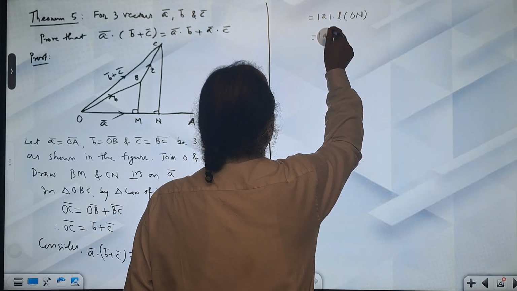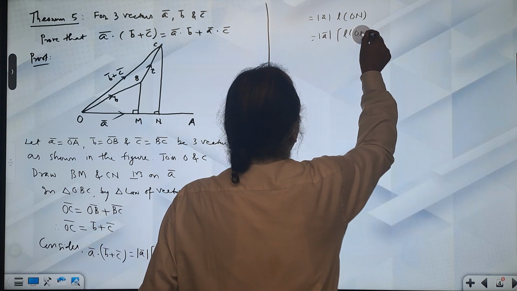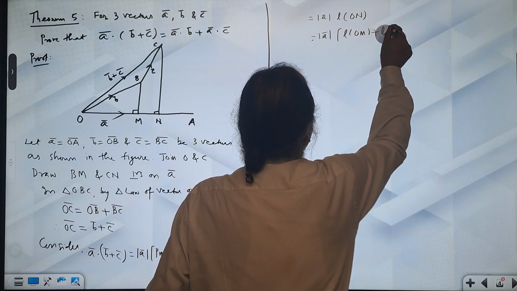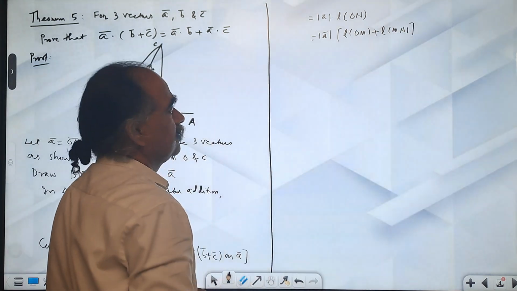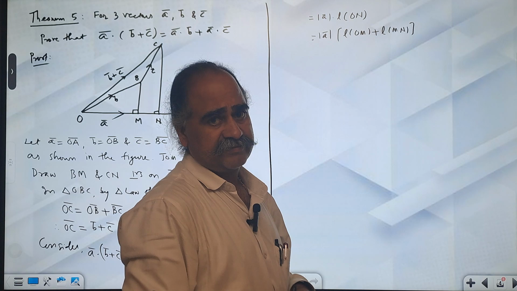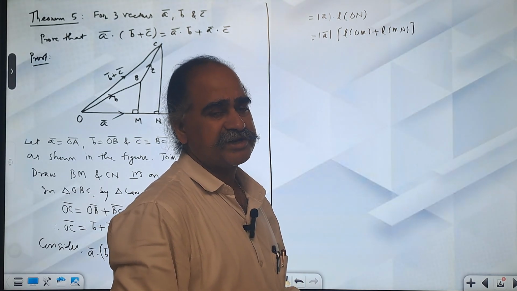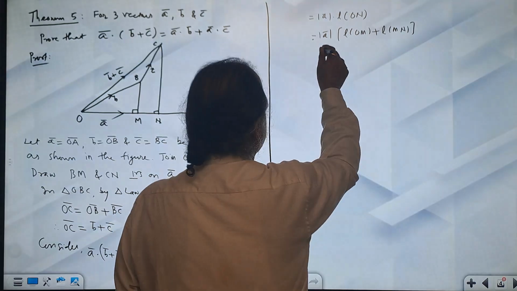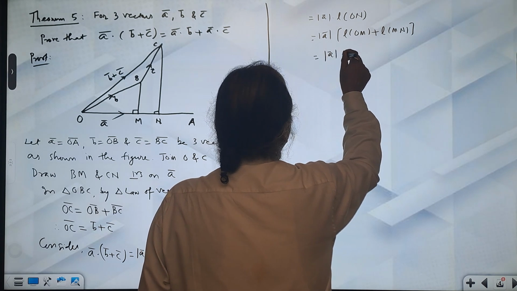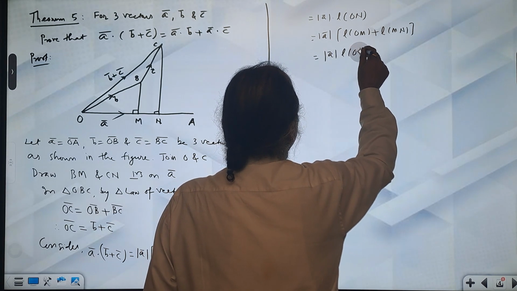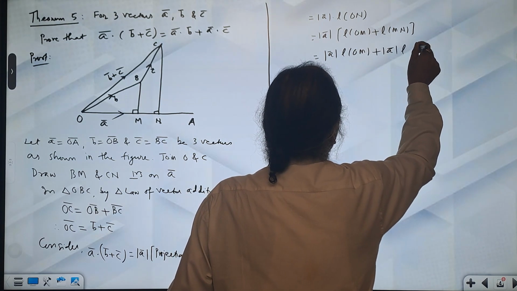Mod A bar into length OM plus length MN. Now all three are real numbers. In real numbers, we know multiplication is distributive over addition. So this can be written as mod A bar into length OM plus mod A bar into length MN.